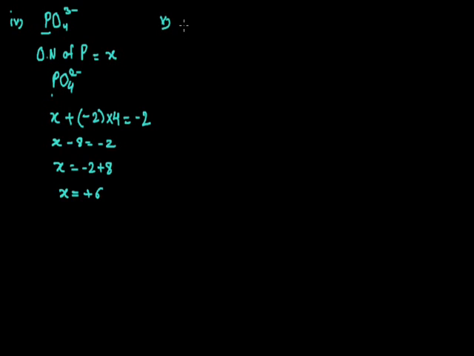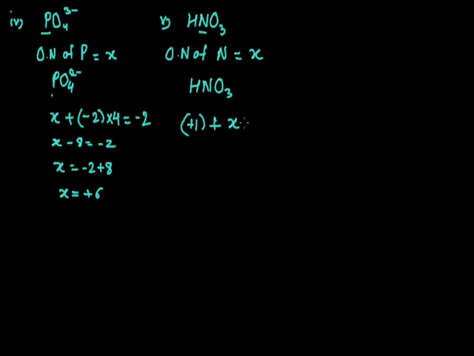Now we can take another example, nitric acid, that is HNO3, and we have to find out the oxidation number of nitrogen in nitric acid. Suppose the oxidation number of nitrogen is equal to X. So according to the formula HNO3, the oxidation state of hydrogen is equal to +1, plus the oxidation number of nitrogen, X according to our consideration, plus the oxidation number of oxygen, which is -2.